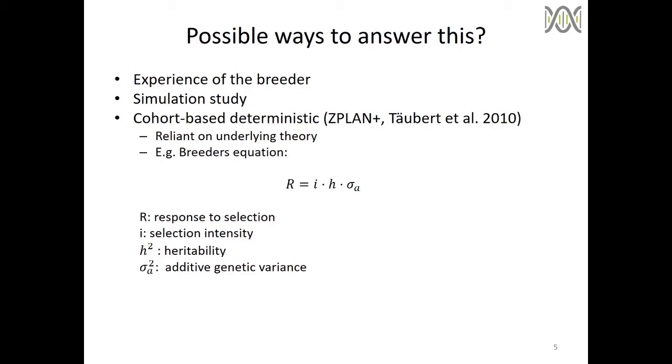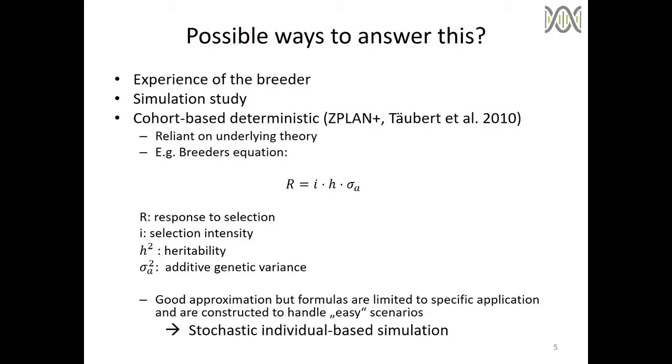And basically, you know that when you switch up your selection intensity, you can expect some change to the response. And by that you get, for very simplistic designs, a good feeling of how certain actions impact your breeding program. So in simplistic cases, I would say this is quite a good approximation.